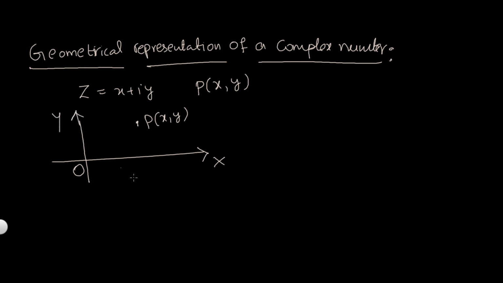The x-axis is the real part, so we call it the real axis, and this is the y-axis. So y can be represented as the imaginary part, so this is the imaginary axis.